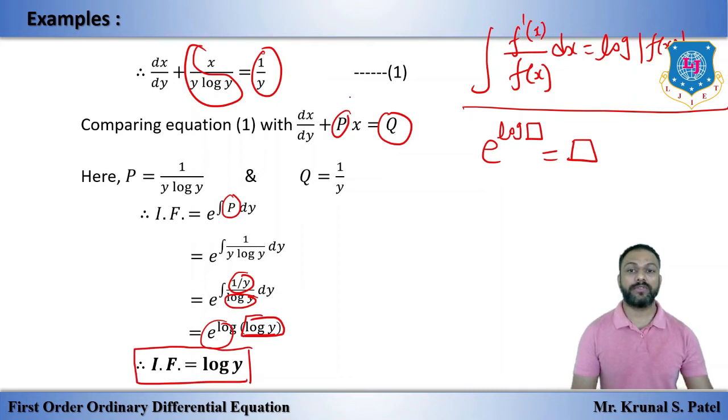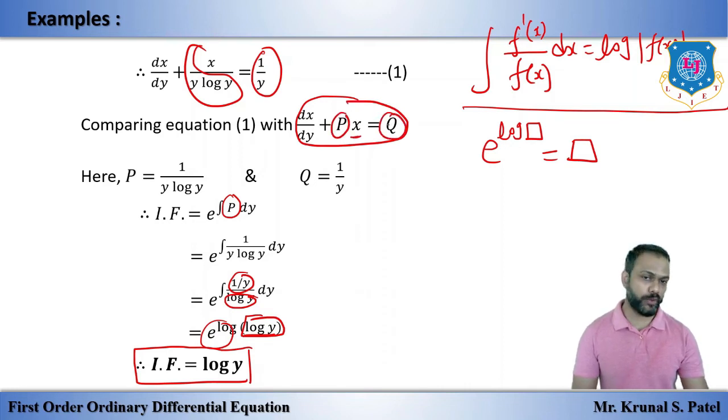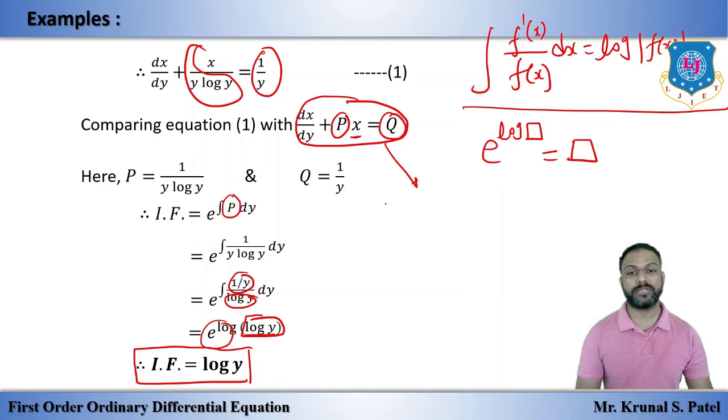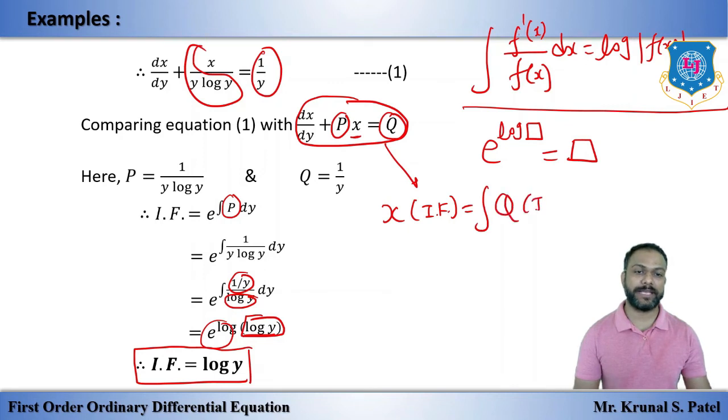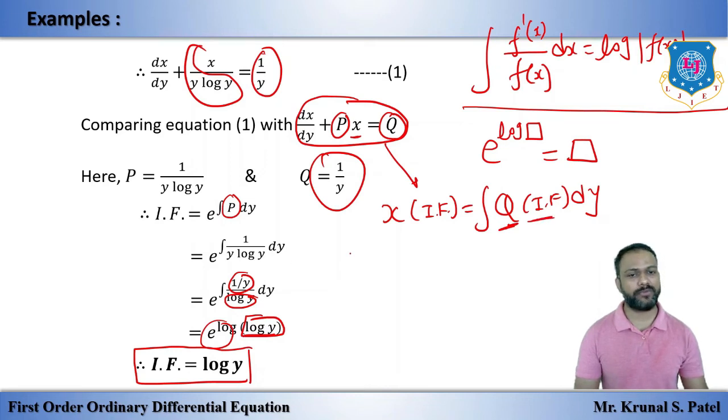Now we have this form, dx by dy plus p x is equal to q. So for this the solution is x into IF is equal to integration of q into IF, d what, dx or dy? So it is dy, because q is also in the form of y and IF is also in the form of y. Plus a constant.